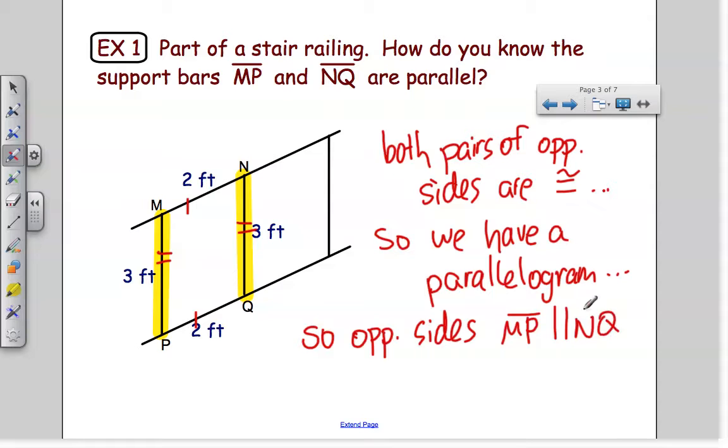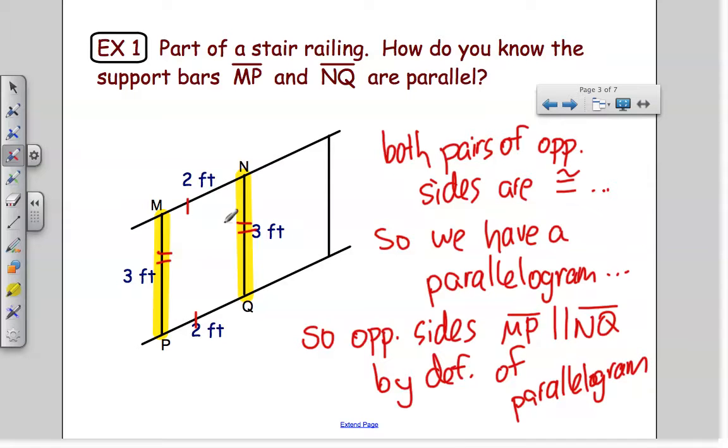I'm going to say MP is parallel to NQ by definition of parallelogram. I had to show it was a parallelogram using one of my new special properties, that both pairs of opposite sides were congruent, and by definition a parallelogram has opposite sides being parallel. So yes, those support bars are parallel.